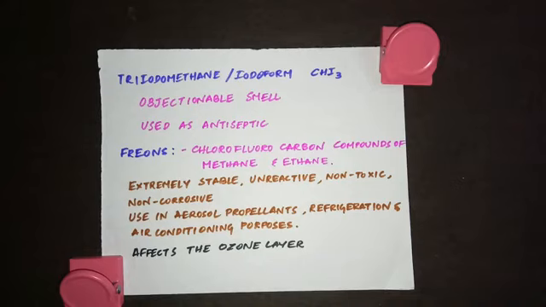And you know, if the ozone layer is depleted, then our planet will be exposed to extremely harmful UV radiation, which is responsible for deadly diseases like skin cancer, asthma, and many more. So keeping this in mind, the advanced nations have banned the use of chlorofluorocarbons. So it is very harmful to human beings.